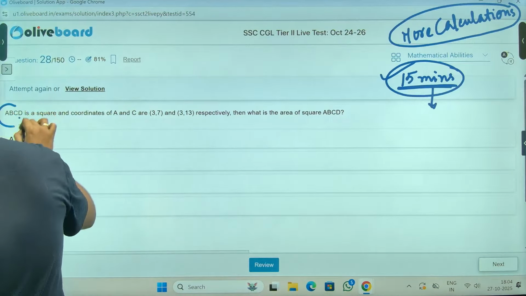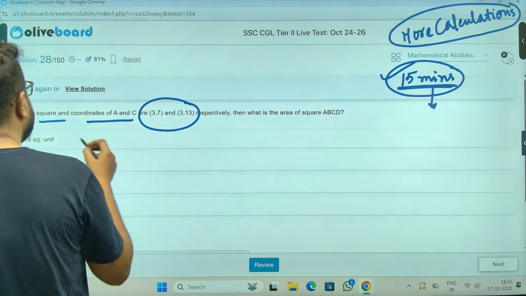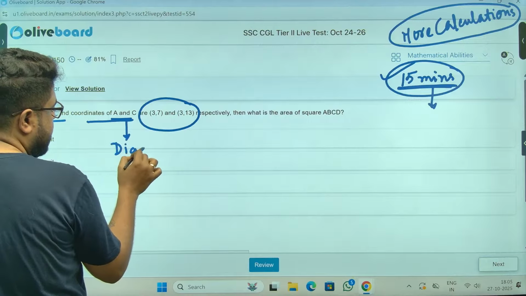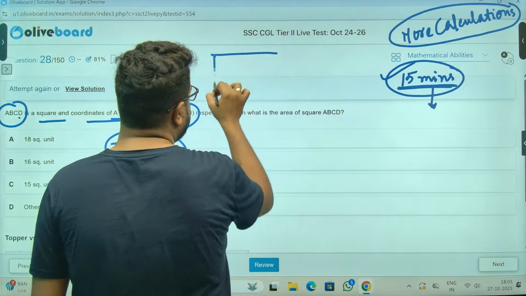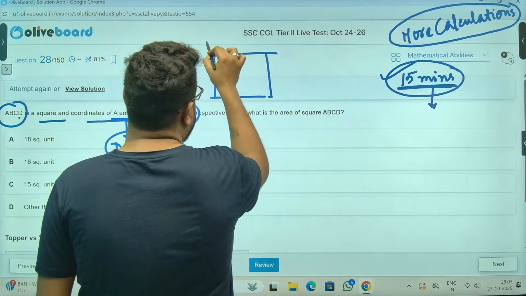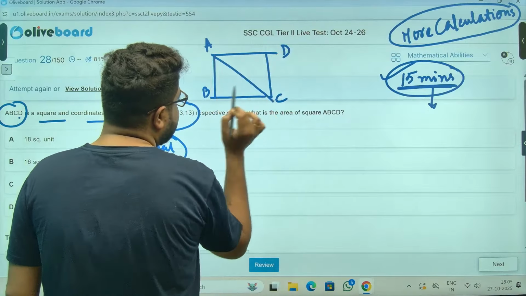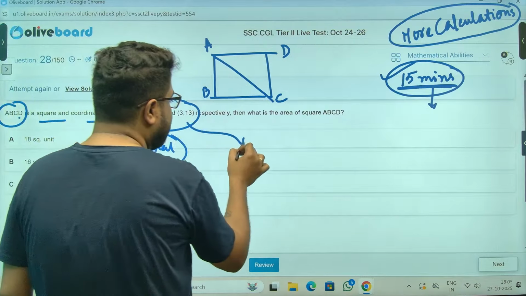Achha, ABCD is a square. Coordinates of A and C are given. Sir, for a square, A and C means this is a diagonal. You can see it here: A, B, C, D. This diagonal is given, and since the coordinates are given, I can figure out the length.